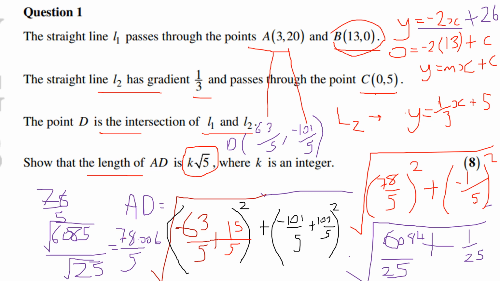Okay, and the other one here was the square root of 49,005 over 5. Okay, so I'm going to go with here that k is equal to 78 because I can't find any other solution.